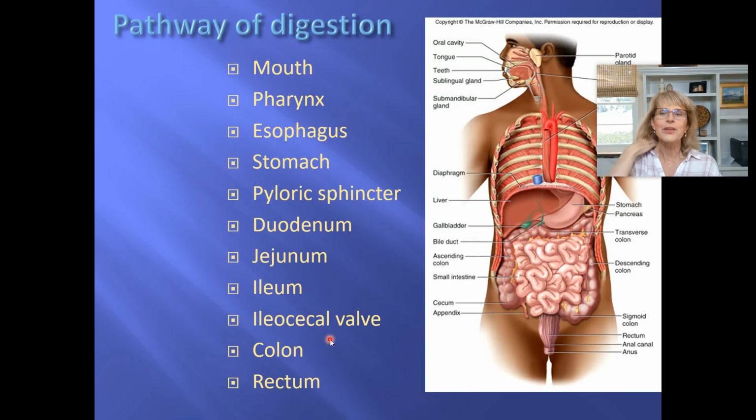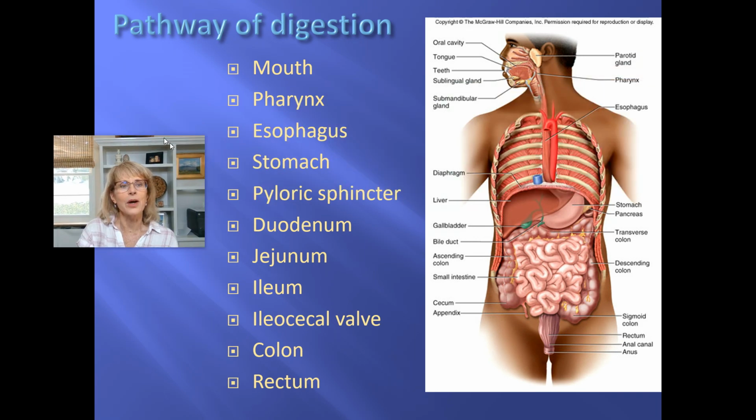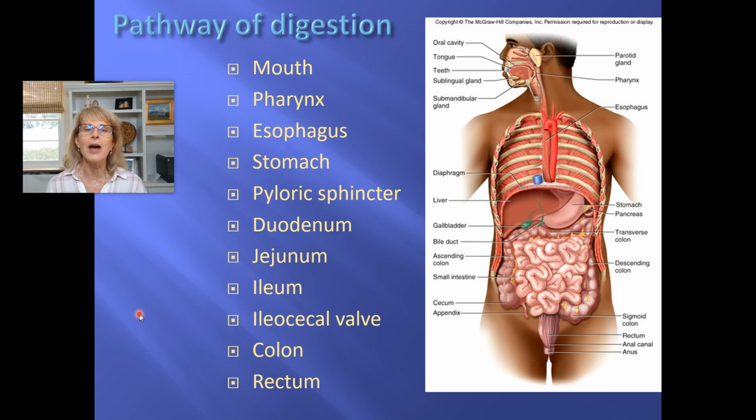All right, one of the things that I hope you will have learned by now from your lab is the pathway of digestion. Make sure that you know the pathway of digestion. So we will start by putting food into our mouth, then it will go into our pharynx. For the digestive tract, the pharynx includes the oropharynx and the laryngopharynx, but we don't really consider the nasopharynx a part of it.